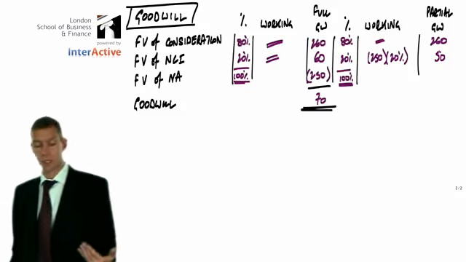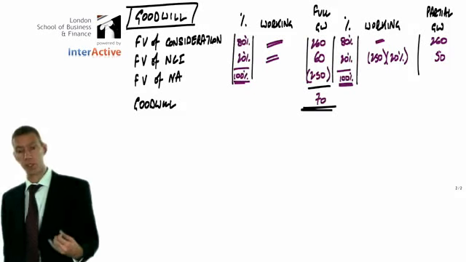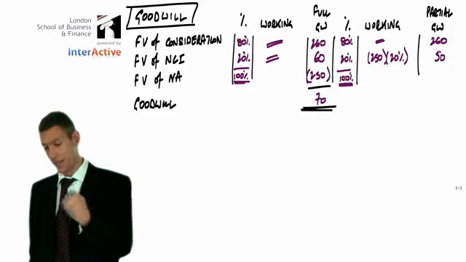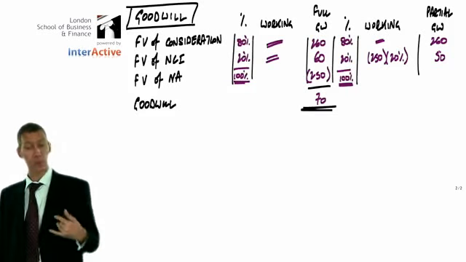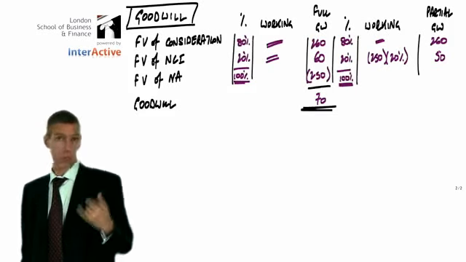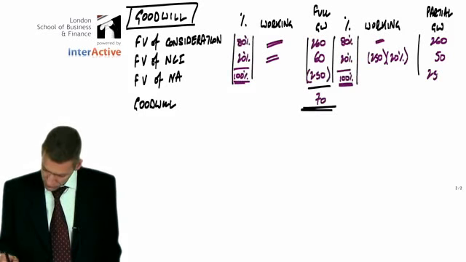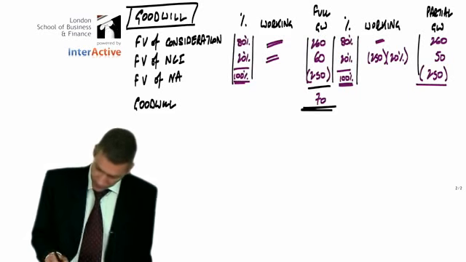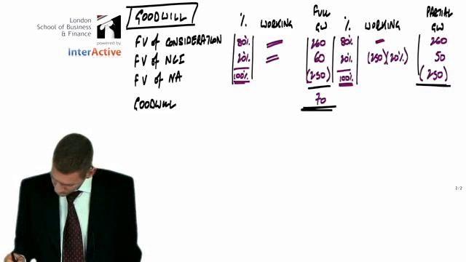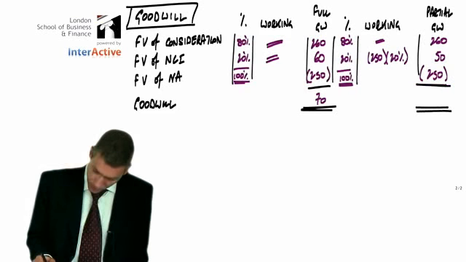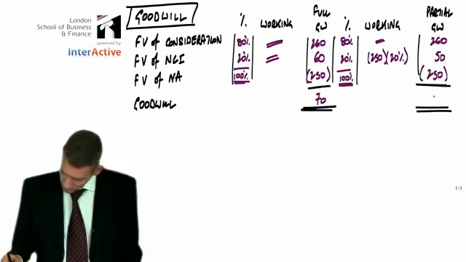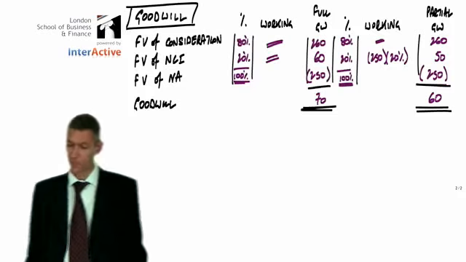So we could say that the entire business is worth 310 because our bit's worth 260 and their bit's worth 50. The net assets don't change, they're still 250, giving us therefore a figure, as you can see, of 60.